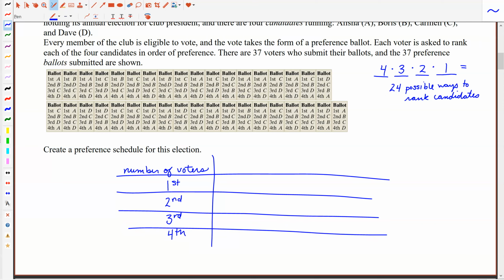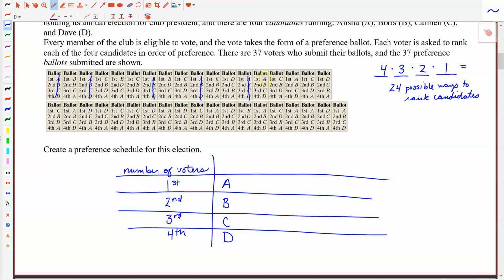So now we're going to come up to our ballots and start seeing what different types of ballots were generated. This first ballot I'm looking at says A, B, C, D for my ranking of first, second, third, and fourth. So I'm going to go through all of these ballots and find how many ballots have A in first, B in second, C in third, and D in fourth. I'm seeing that ballot occurs here, here. Alright, so just going through here.